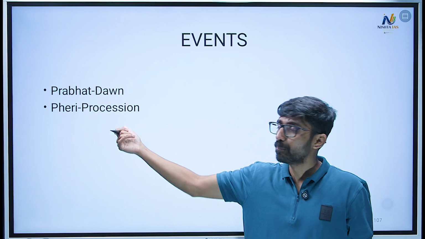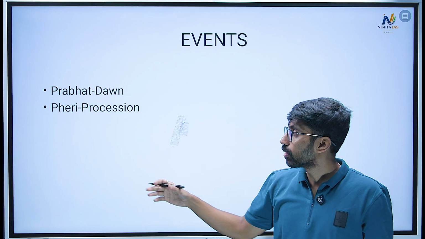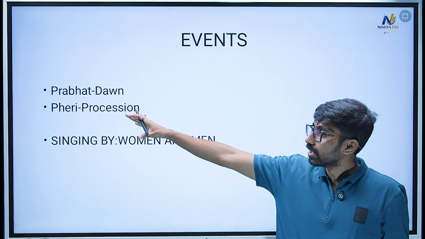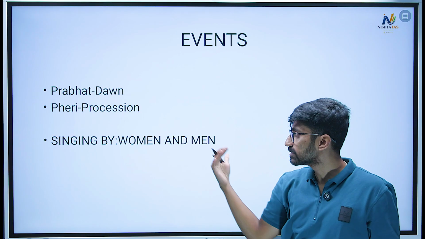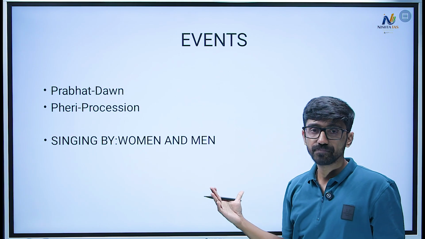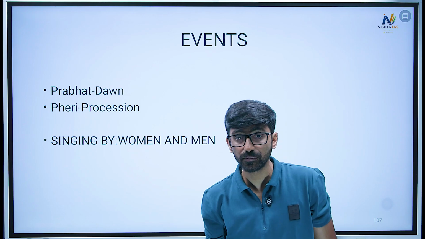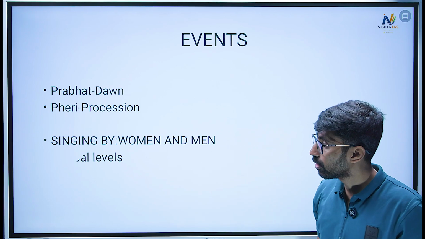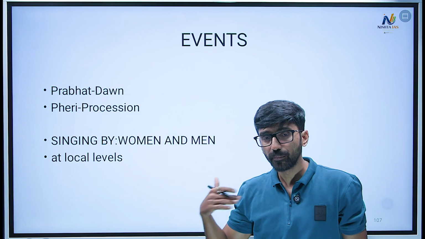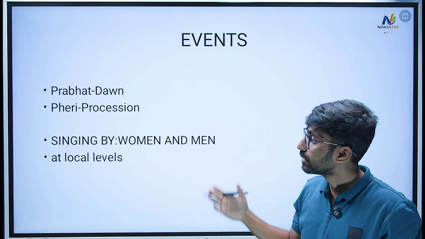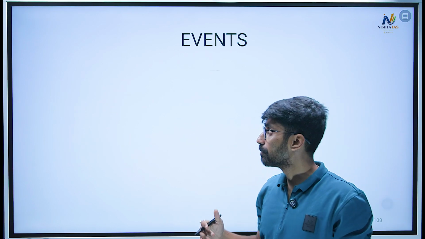Prabhat means dawn, Pheri means processions. Women and men went on processions singing nationalistic songs, of course the national anthem as well as Vande Mataram. That was also in the news. At the local levels, that is how women and men participated, at dawn time, meaning early morning.